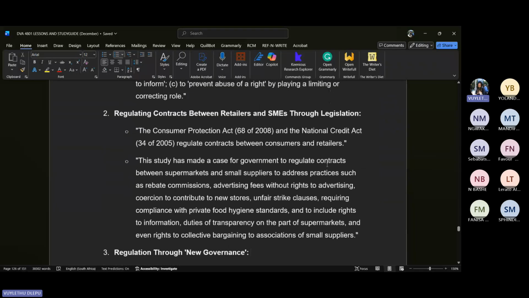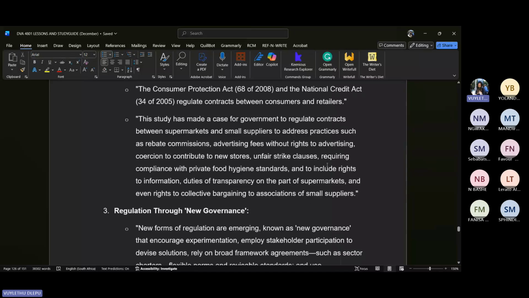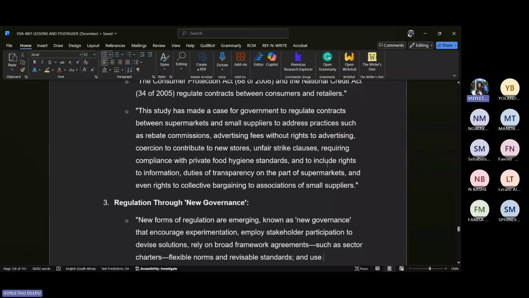This study has made a case for government to regulate contracts between supermarkets and small suppliers to address practices such as rebate commissions, advertising fees without rights to advertising, coercion to contribute to new stores, unfair strike clauses requiring compliance with private food hygiene standards, and to include rights to information, duties of transparency on the part of the supermarket, and even rights to collective bargaining to associations of small suppliers.